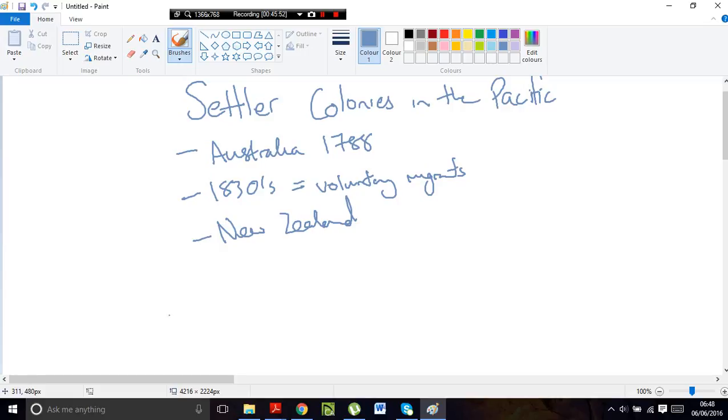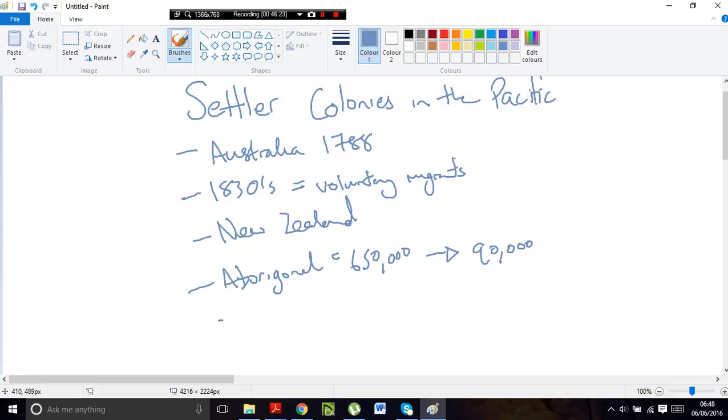The Aboriginal population of Australia fell from about 650,000 in 1800 to about 90,000 in 1900, whereas the European population rose from a few thousand to 3.75 million during the same period.